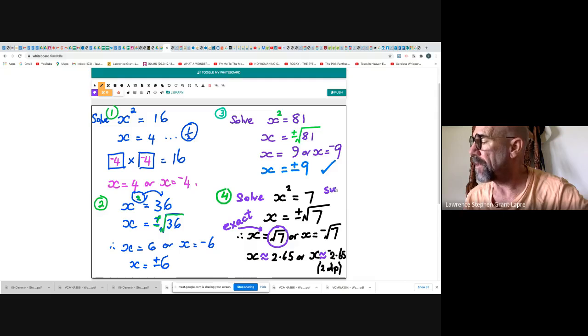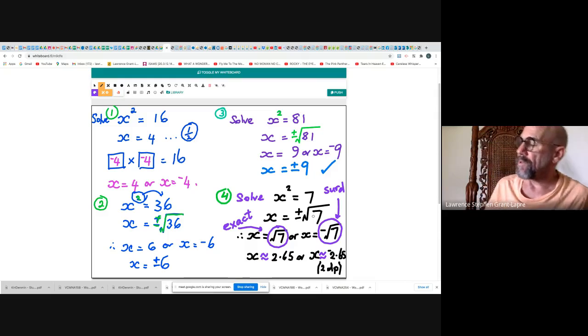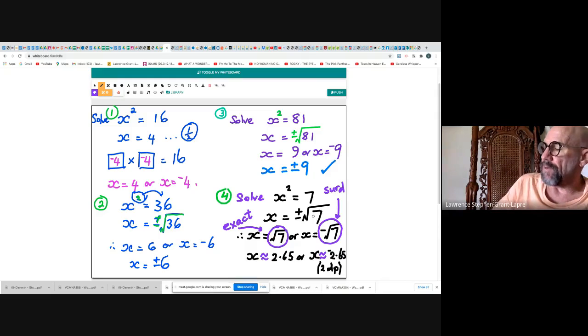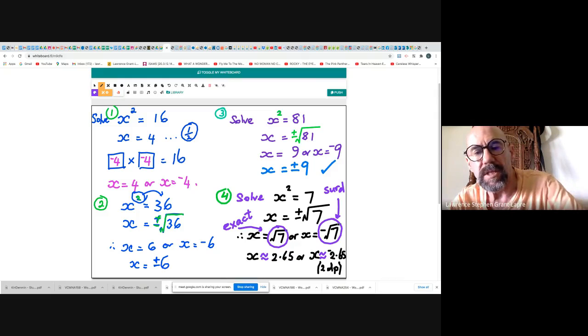We call that a surd. So you can have square root of 7, which we know is about 2.65. Negative square root of 7 is close to negative 2.65, but not exactly. It is exactly root 7. It is exactly negative root 7, but it's only approximately 2.65 and approximately negative 2.65.